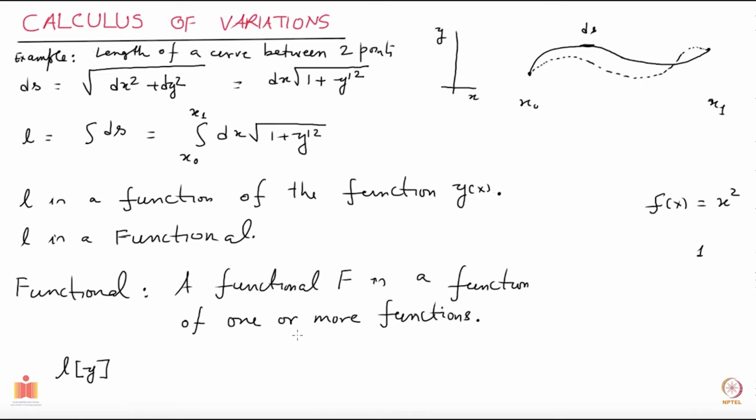So for what function y does the length get minimized? That is similar to the questions you ask when studying maxima and minima of ordinary functions: at what point do you get a maximum of this function? Remember the point, for example x equal to 1, is replaced by the function. So in the case of a functional, you ask for what function you get the minimum of the functional.